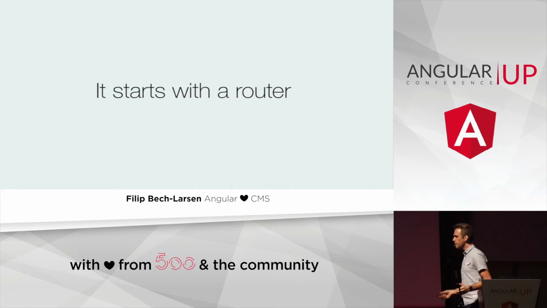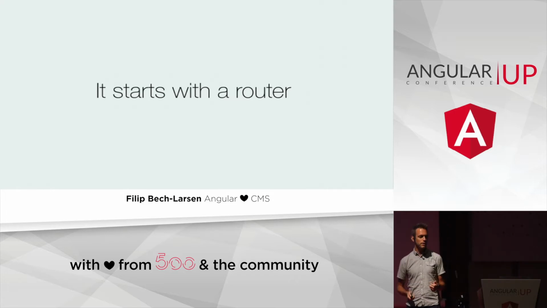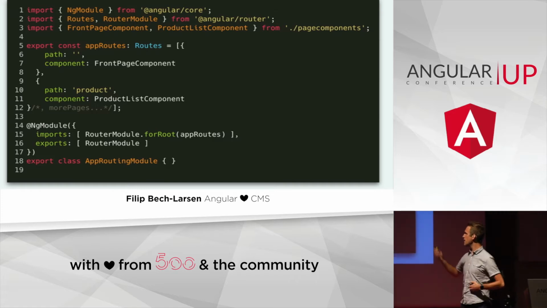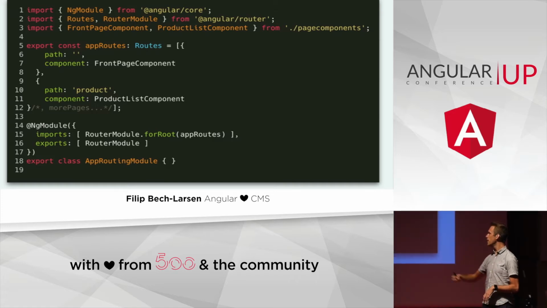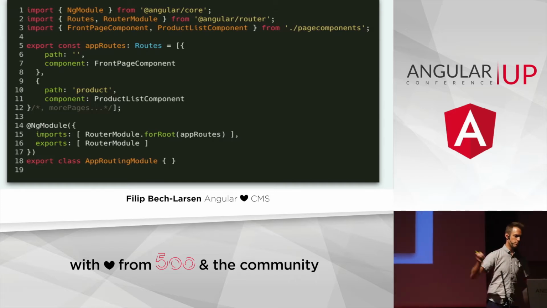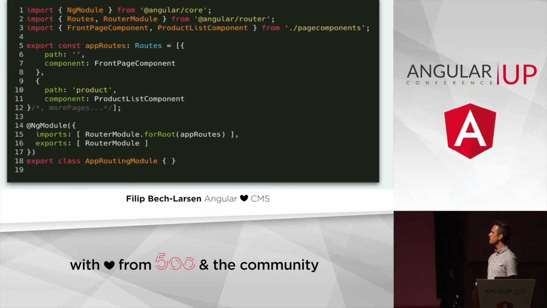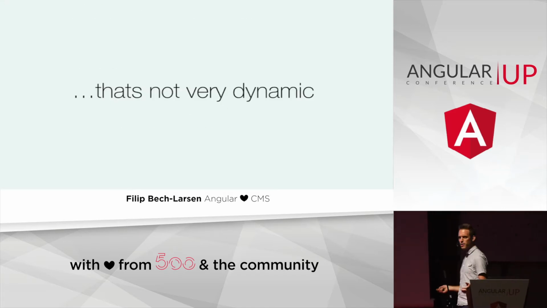So in Angular, it starts with a router. We define something like this, where we say the slash route or the front is the front page component. Then there's a product route, which should be a product component, and so on. But the problem is that it's not very dynamic.